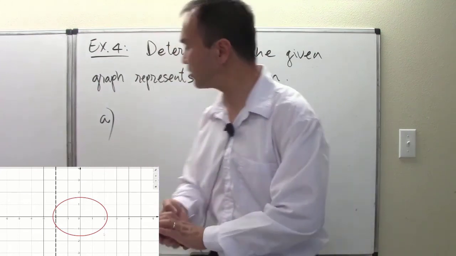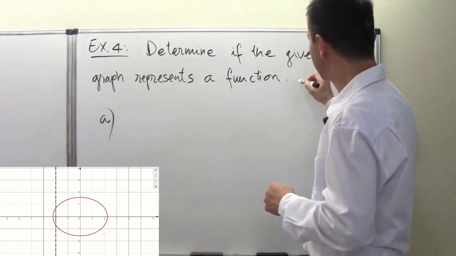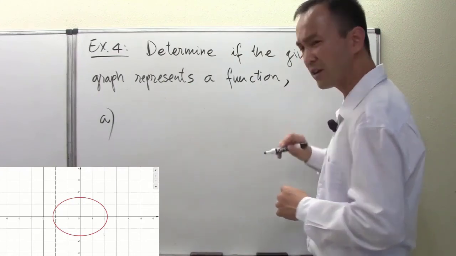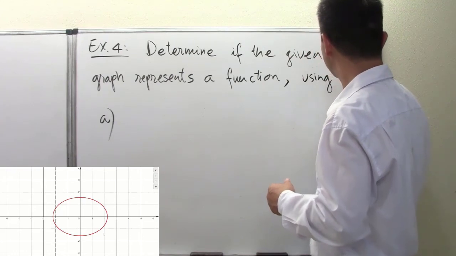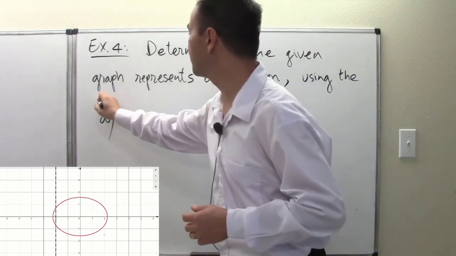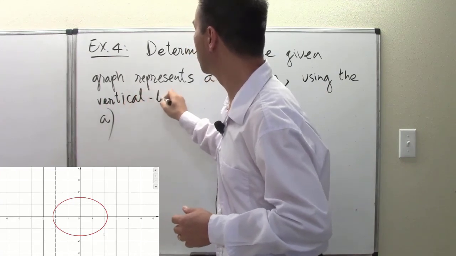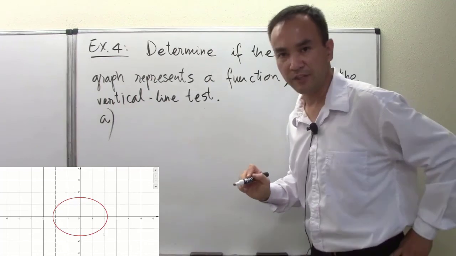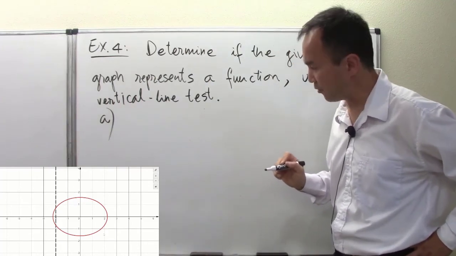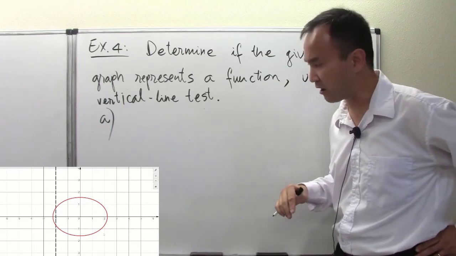So now back to the problem itself, I have to note, as a hint here, I'll put a comma as an extra note: this is using the vertical line test. That's the whole scheme of this entire example, where each part A, B, C, and D is one independent problem on its own.